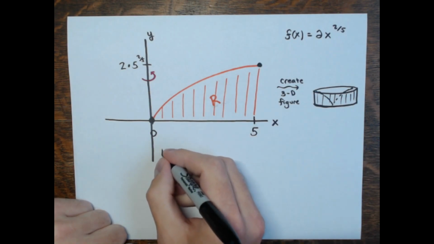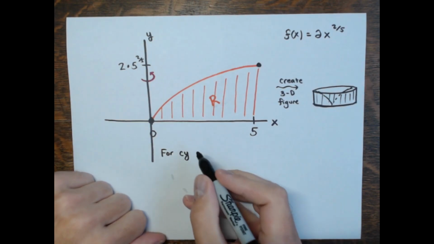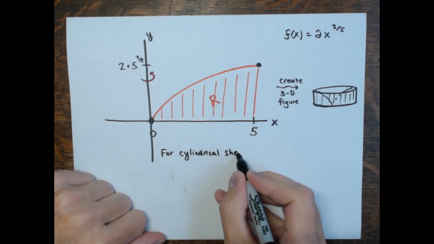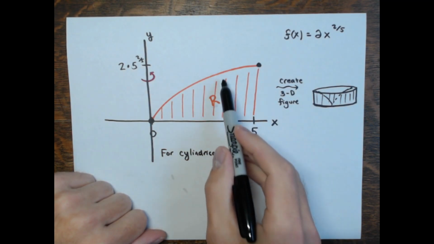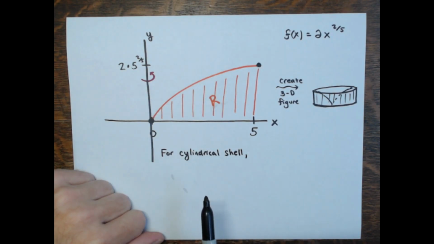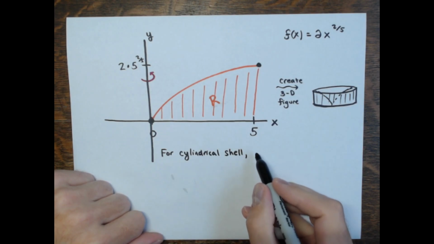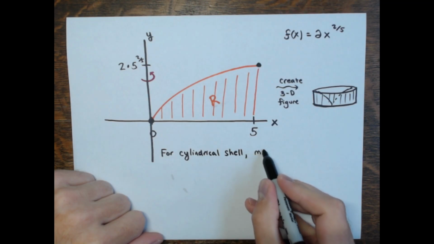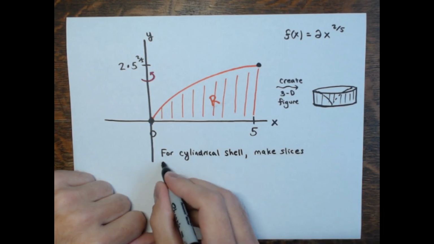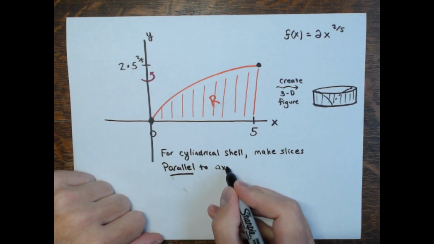But to create these cylindrical shells, what they're calling, and I'll draw a picture of one here in a second, we're going to take little thin rectangular strips parallel to the axis of rotation, line of revolution, whatever you want to call it. So we're going to make slices parallel to the axis of rotation.